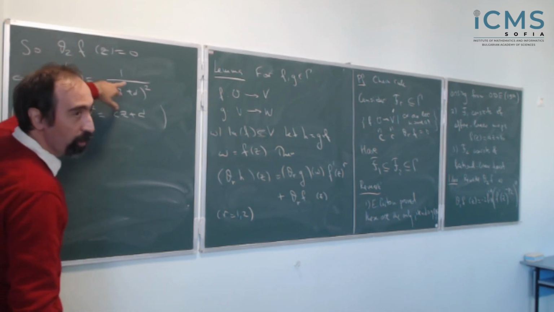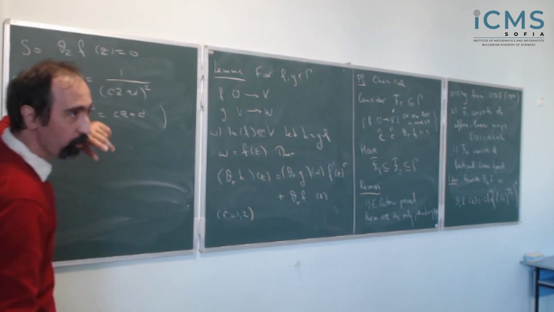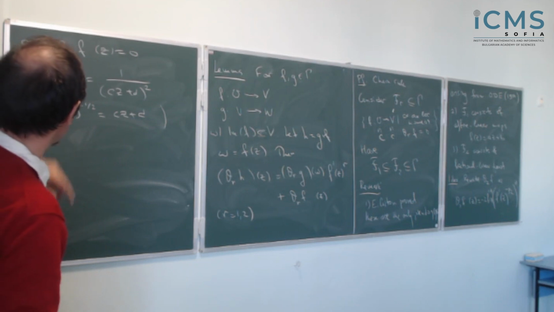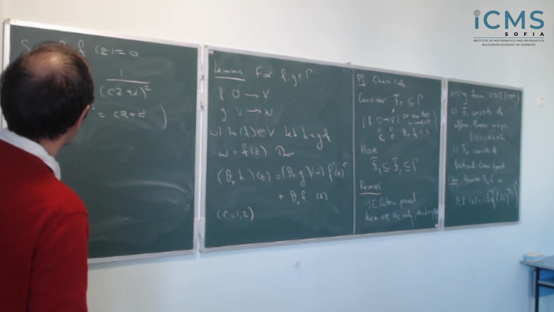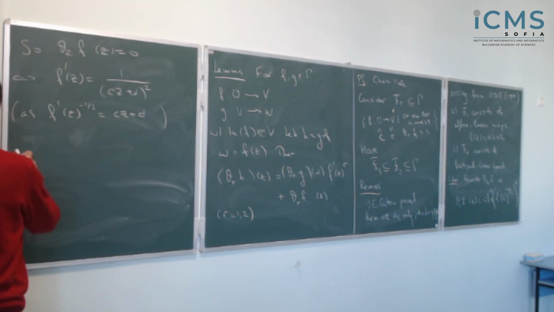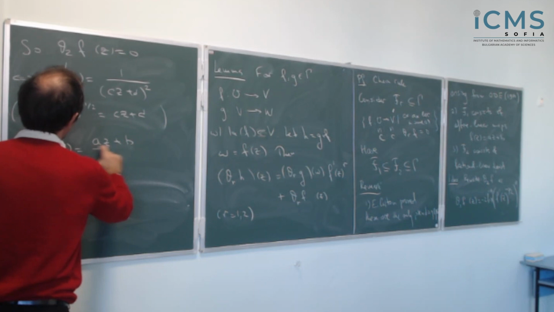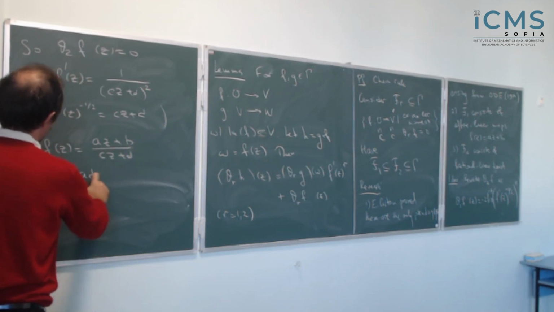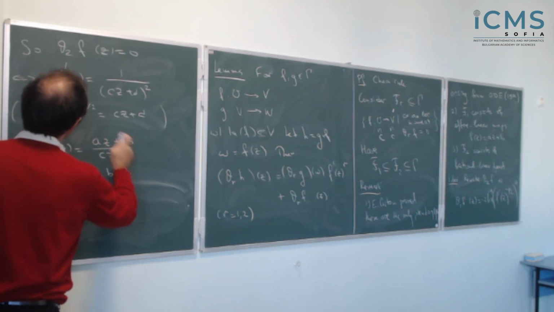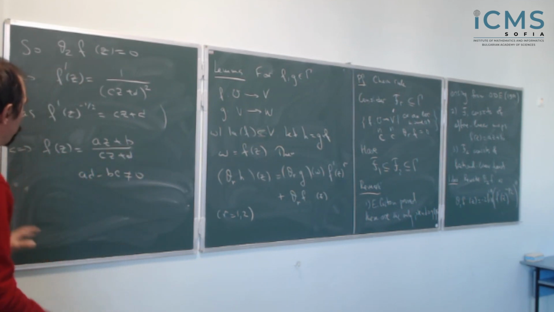Then you integrate this once more, and you end up with a fractional linear transformation. Now the condition to have a local homeomorphism is that this is nonzero.